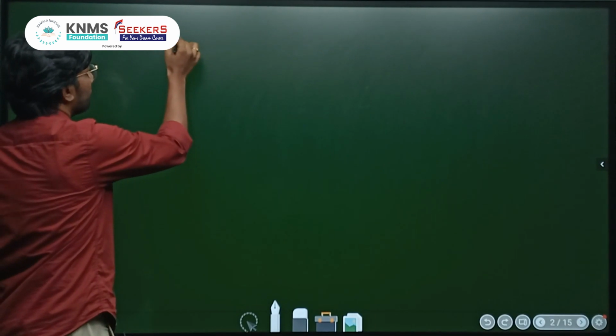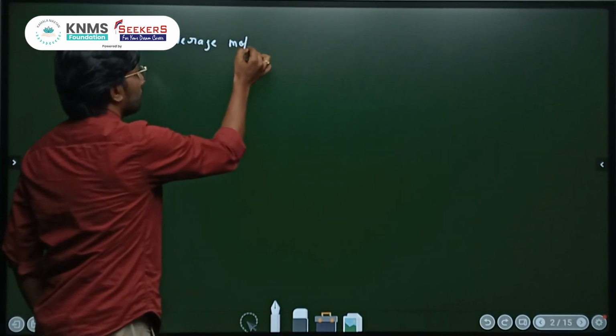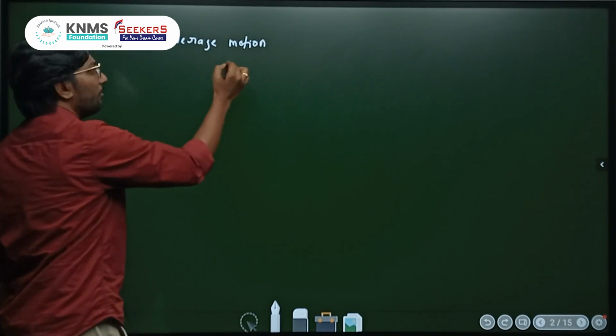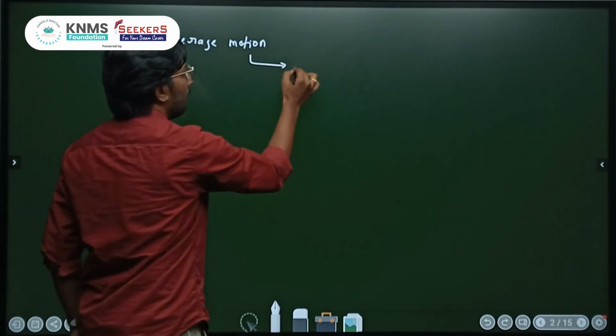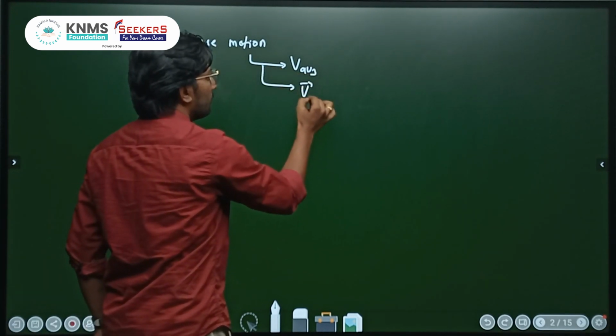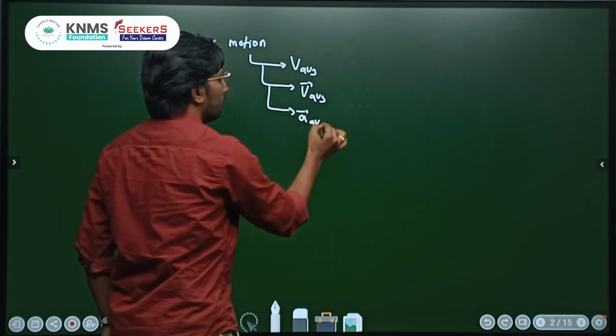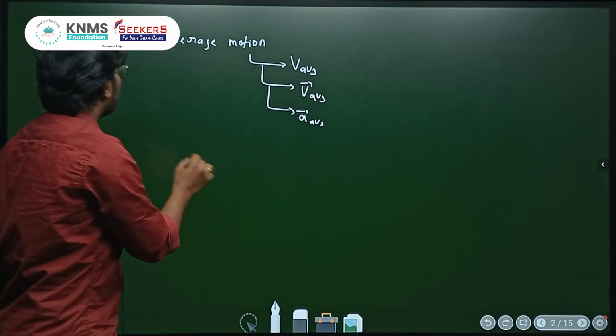So you shall have average motion. Average motion shall involve average speed equations, average velocity equations, and average acceleration equations. All these three are available in the syllabus.